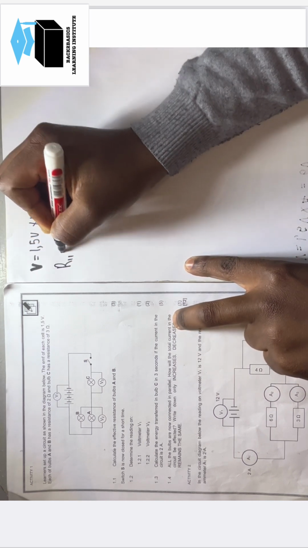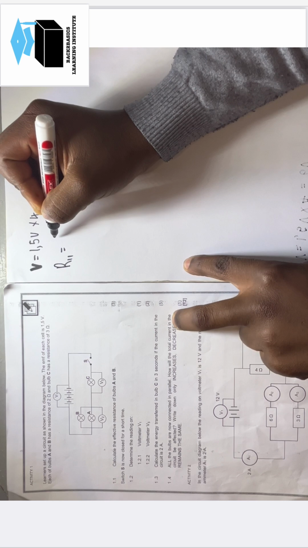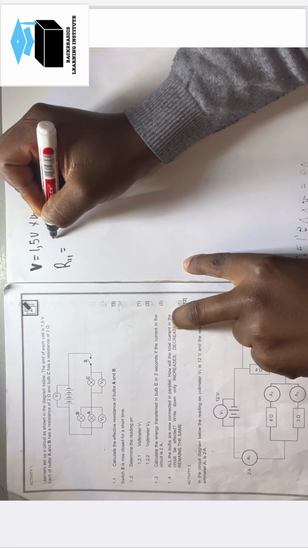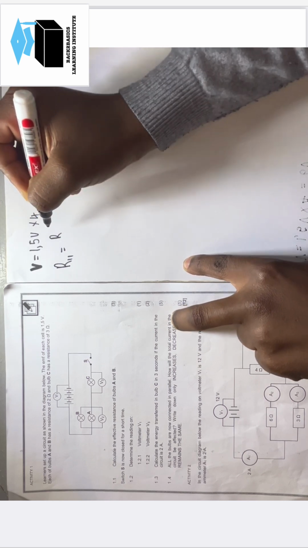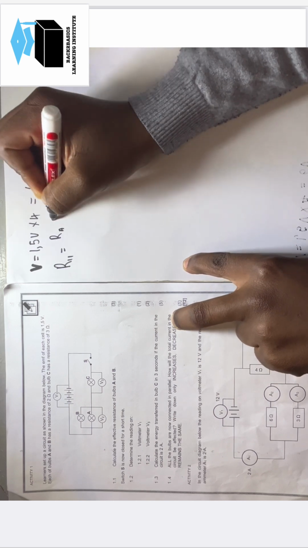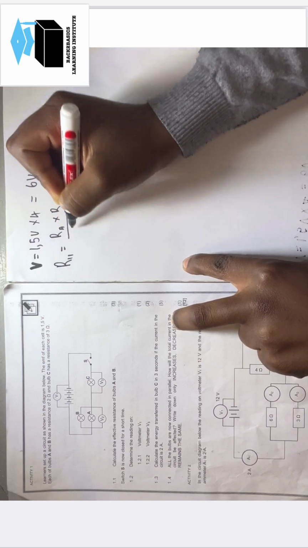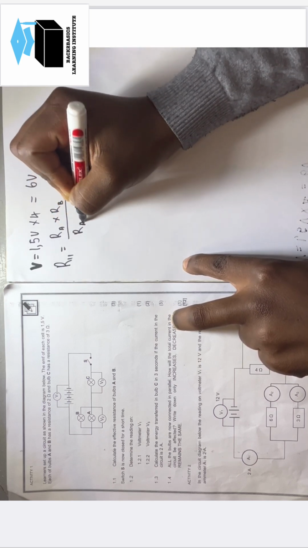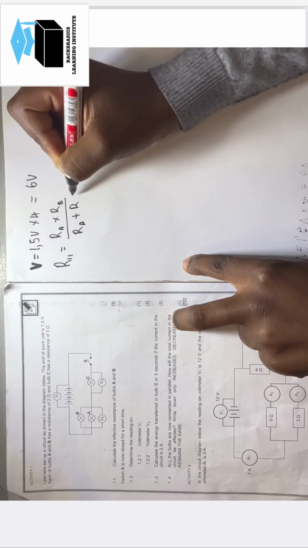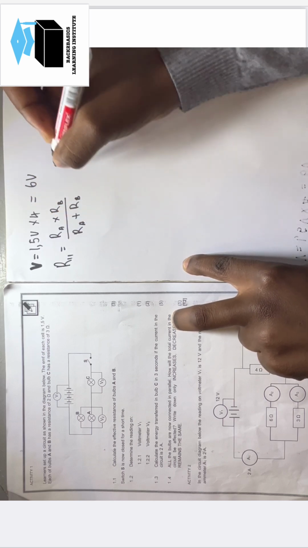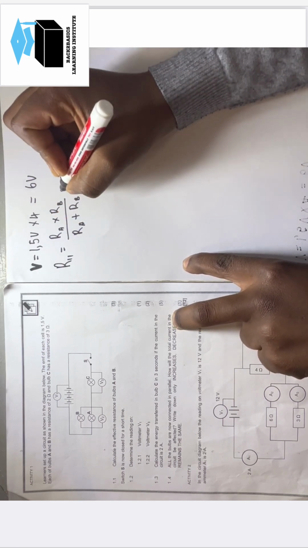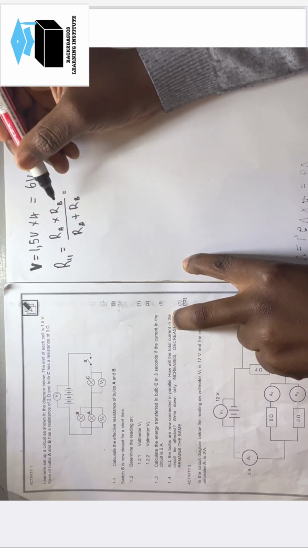And R parallel, remember, is given by R of A multiplied by R of B, divided by R of A plus R of B. What is your R of A?